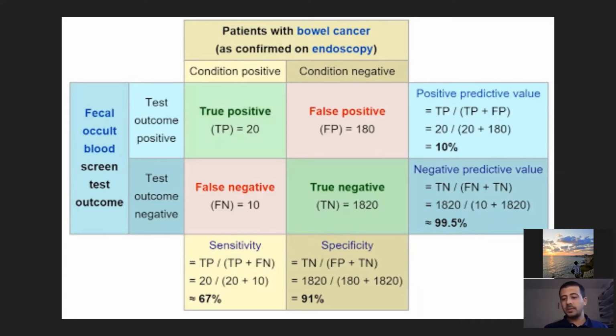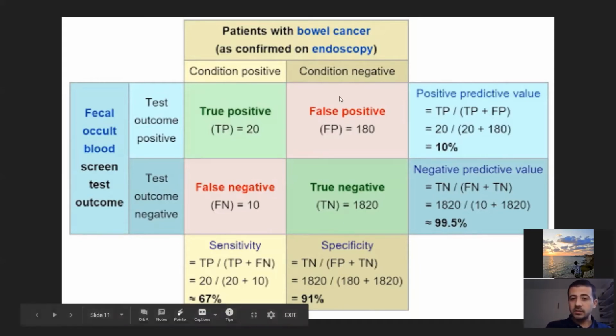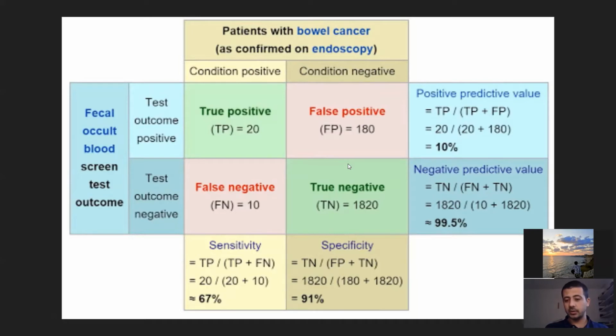Okay, what about specificity? Specificity is actually saying that I need to rule out, I need to say that those without the disease are 100% without the disease. Okay, so specificity comes from the condition negative. Okay, and how is it calculated?